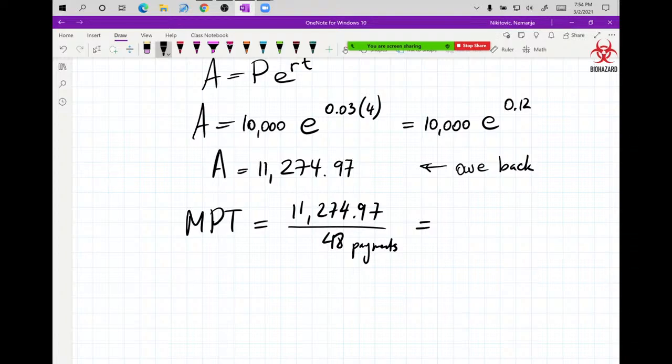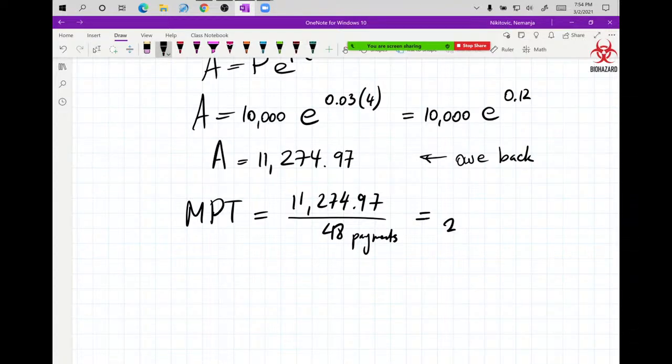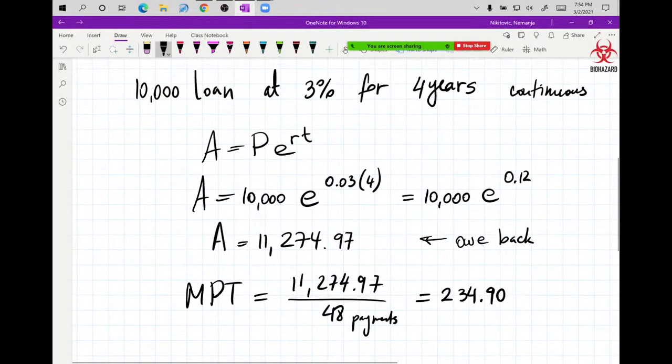So divided by 48, there we go. $234.90. When you round properly, you have to put 2 decimals. Obviously, we're talking money. And when you do this calculation, you see that for this type of loan for 4 years, you will be paying back $234.90.